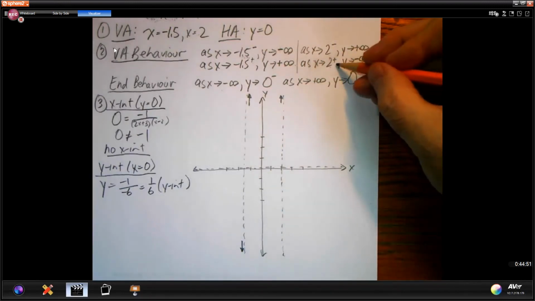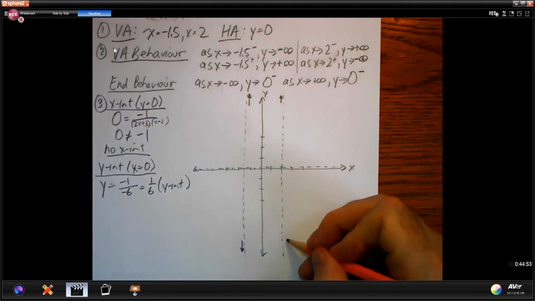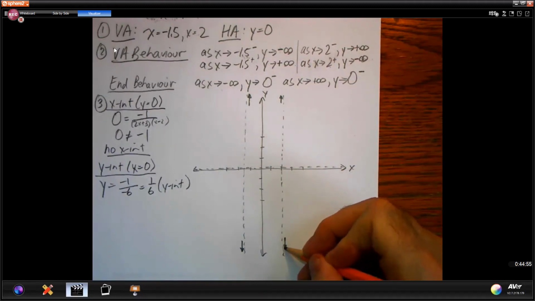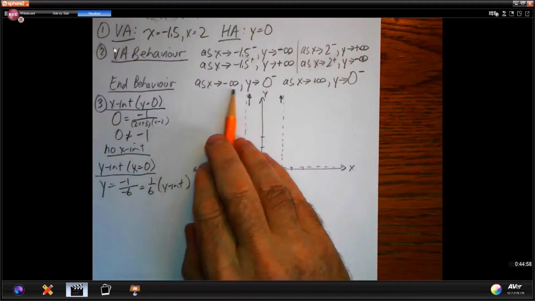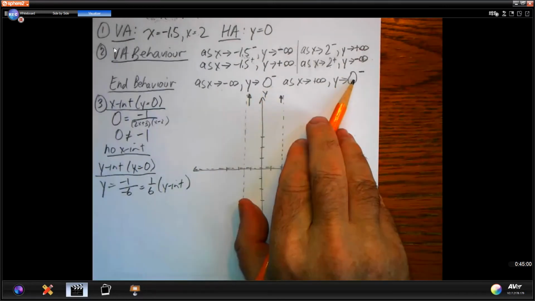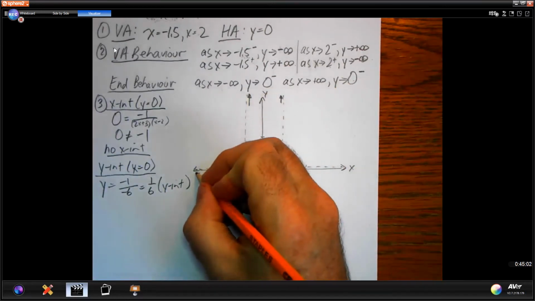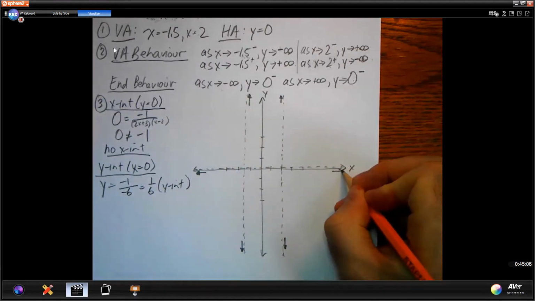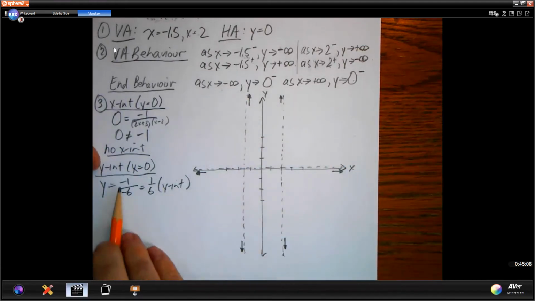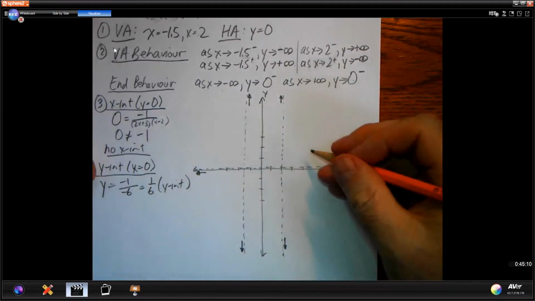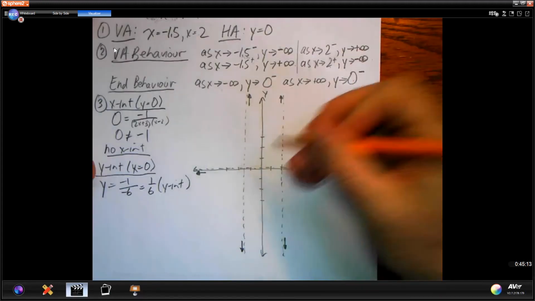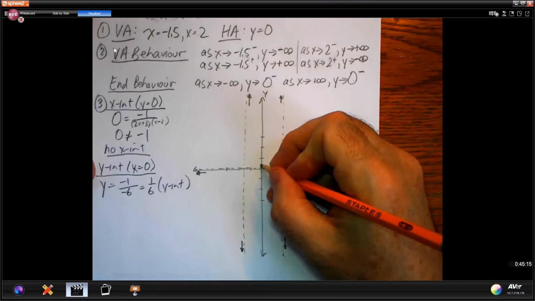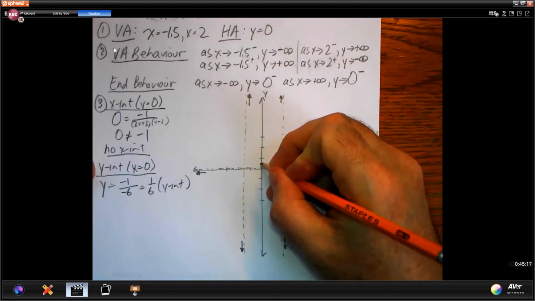As I come from the right, it's going down. And then for the end behavior, at both ends I'm coming from below 0. So put my arrows below the x-axis. And then I've got my y-intercept at 1/6. Like I said, you have to approximate this anyways. So it's about there.